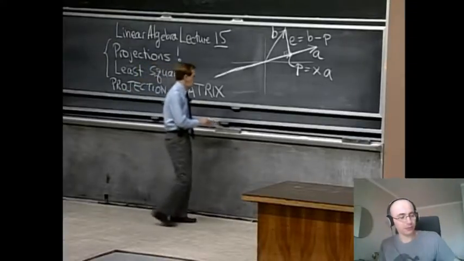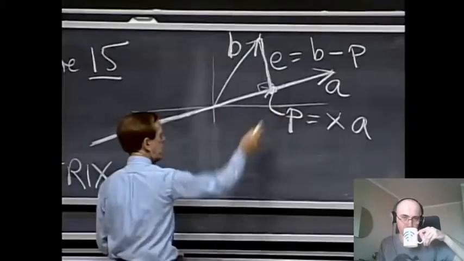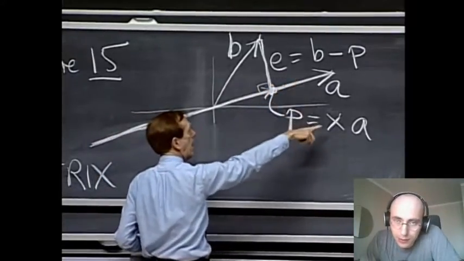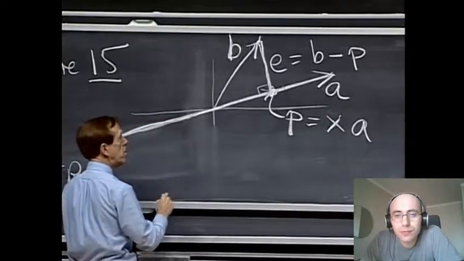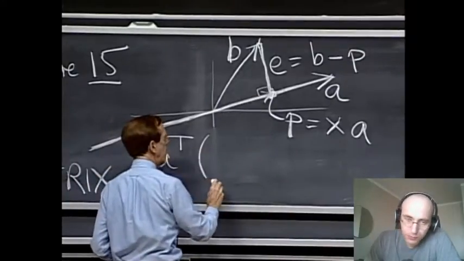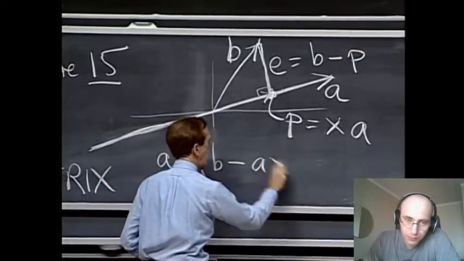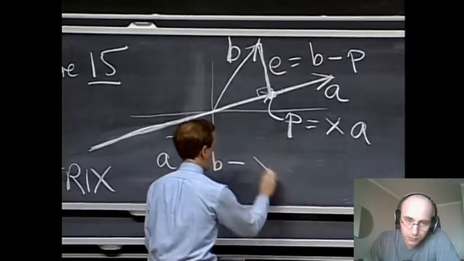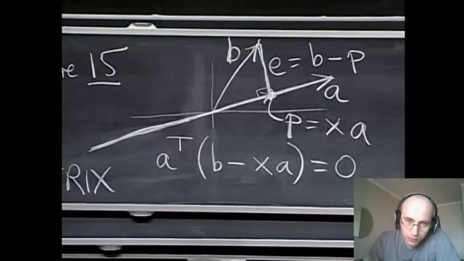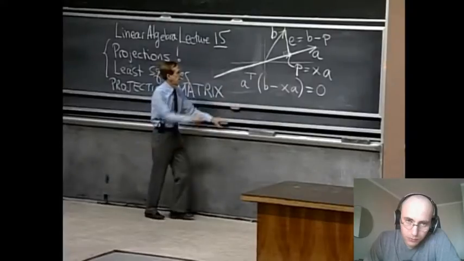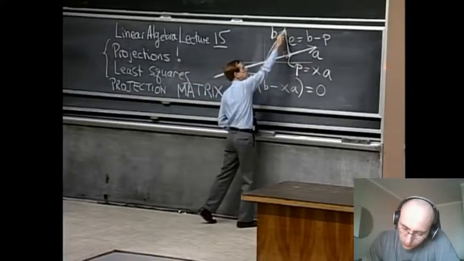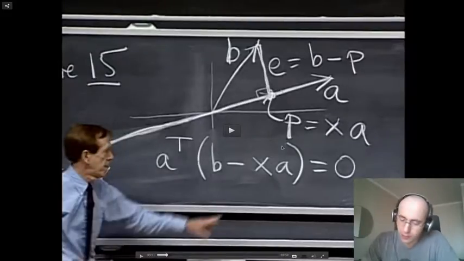Okay, the key to everything is that perpendicular. The fact that A is perpendicular to E, which is B minus xA. I don't care if that's XA. That equals 0. You see that as the central equation? That's saying that this A is perpendicular to this correction.